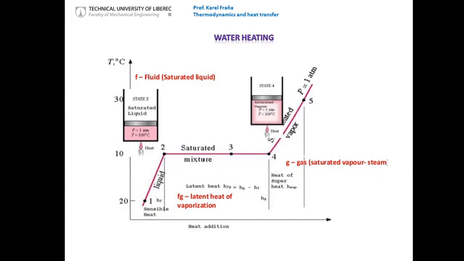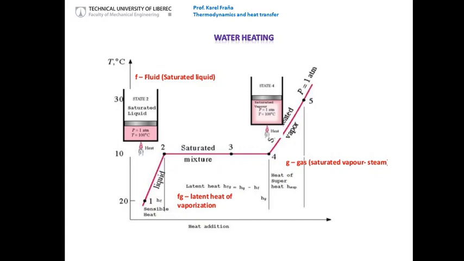That means when we talk about evaporation or condensation, we keep in mind that this process is isobaric and isothermal simultaneously. The amount of heat which is needed between points 2 and 4, that means for the complete change of phase, is called the latent heat of vaporization or the latent heat of condensation.